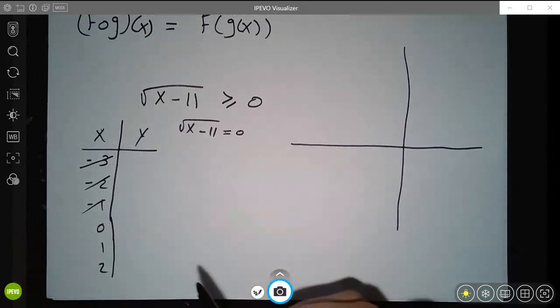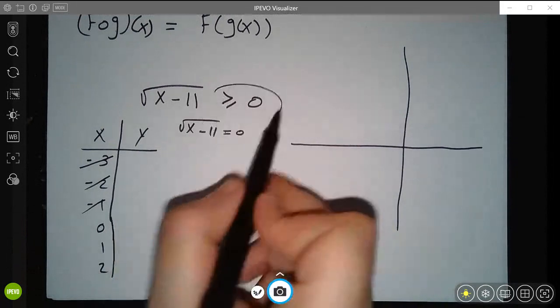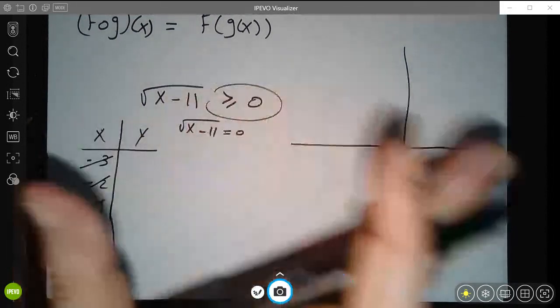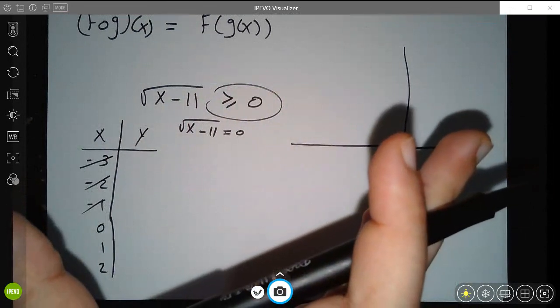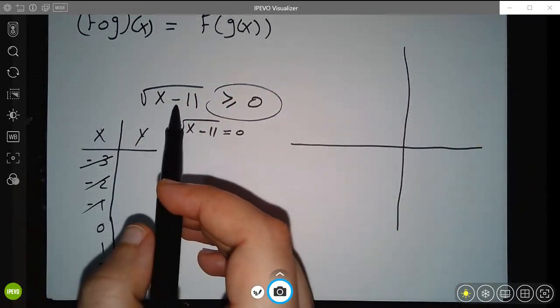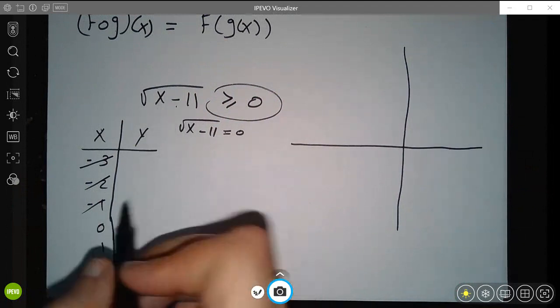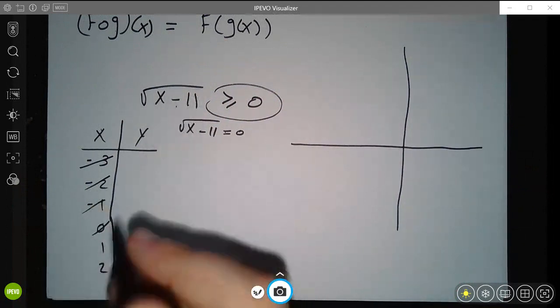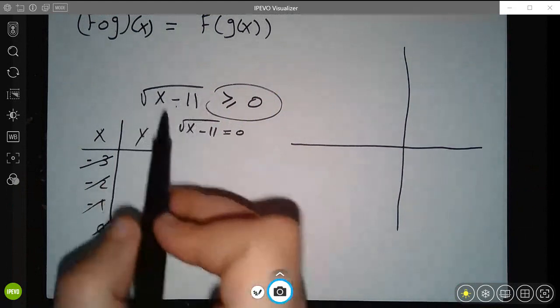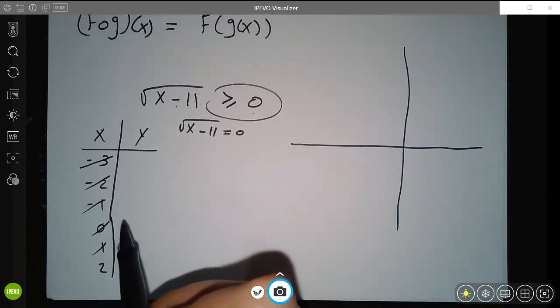You see the pattern. We're avoiding all the negatives. That's why it's greater than or equal to 0. So all the negative values are not being counted. Now, 0 minus 11, what happens? It's still negative. 1 minus 11 is still negative. So can you guess what the first value we can use that turns this to 0, at least?